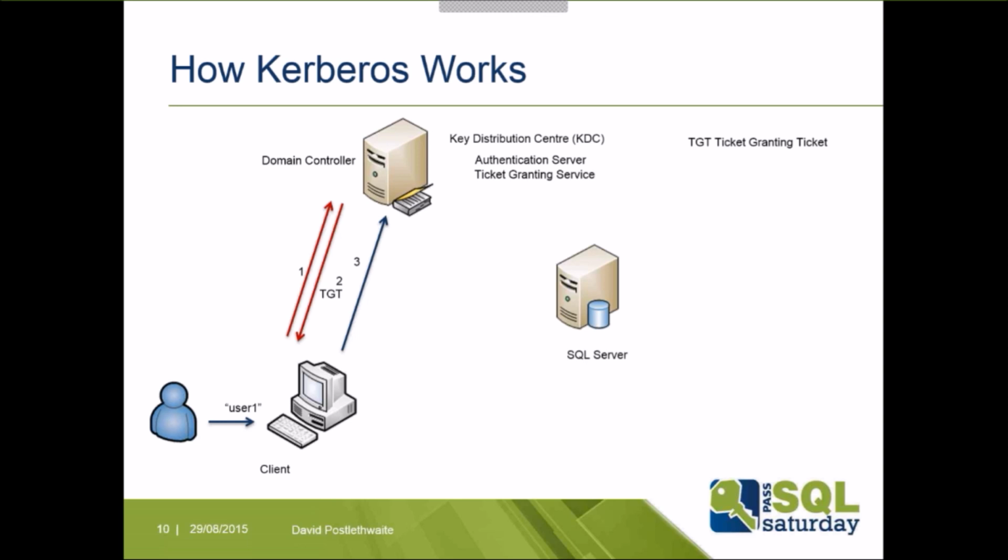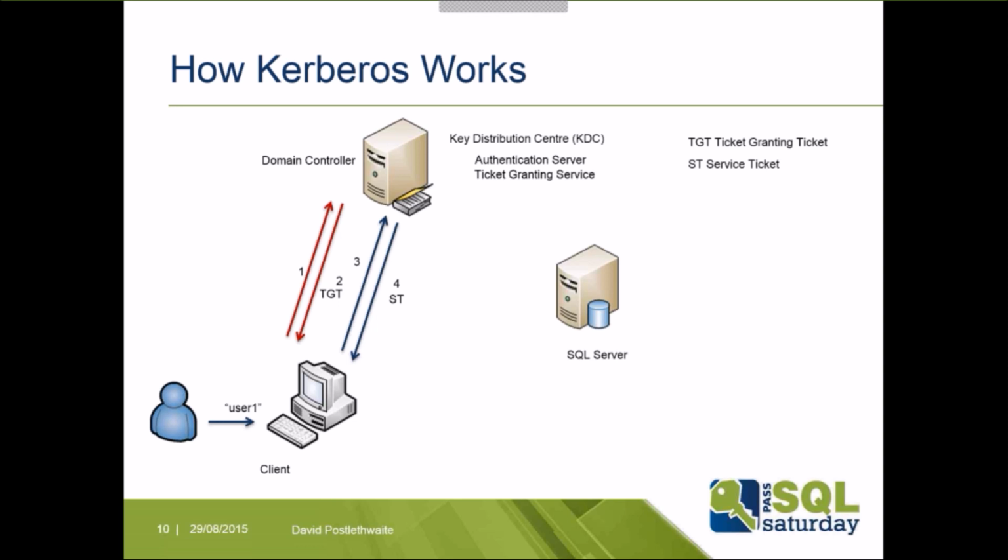The KDC looks up the SQL Server in Active Directory. If the SQL Server is configured for Kerberos authentication, the ticket granting service provides a service ticket for that SQL Server to the client. Think of the service ticket as an admission ticket for a specific service within that domain.